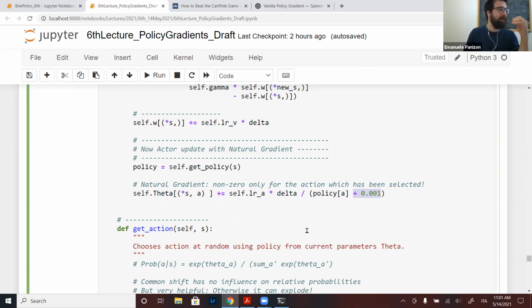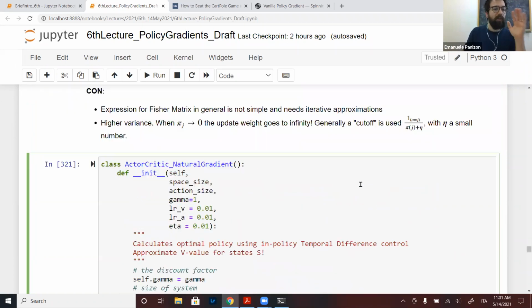Because if the policy is 10 to minus 20, and I have an update which is 10 to 20, then everything becomes not a number. So usually you put a cutoff so that the update is at most the inverse of this number here. But this was just a technical issue.